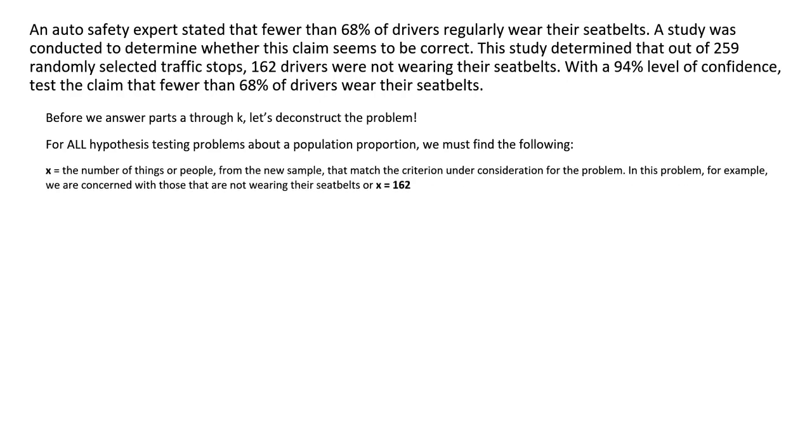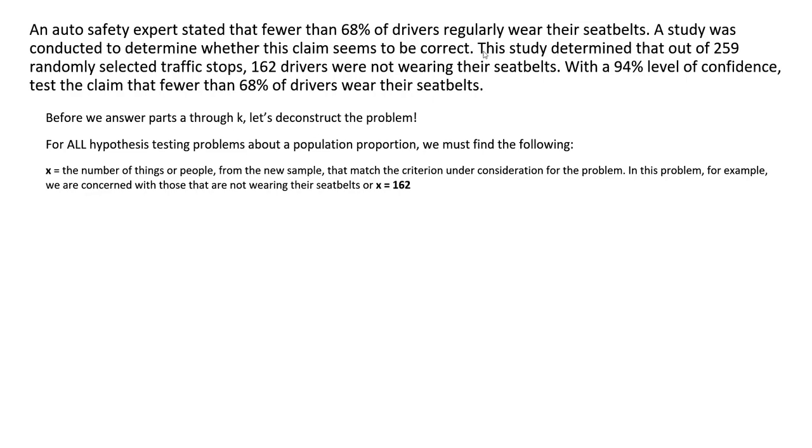The first thing is we have X, and for hypothesis testing of proportion type problems, X represents the number of things or people from the new sample that match the criterion under consideration for the problem. In this problem, for example, we are concerned with those that are not wearing their seatbelts, or X equals 162.